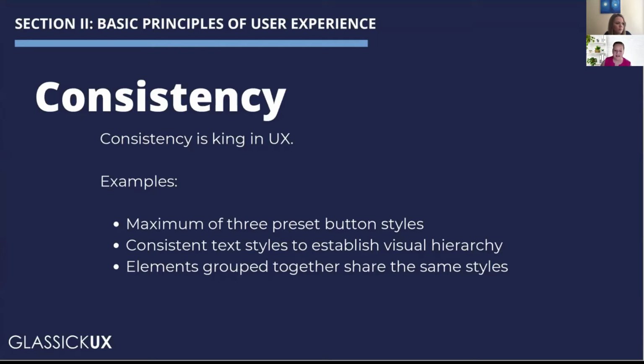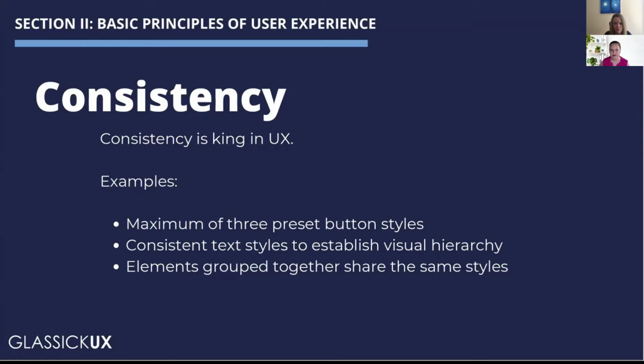Using consistent text styles to establish a visual hierarchy, making sure that you're consistent in your use of headers, the size of your headers, the size of your body text, the size of your captions. Things like that are going to become very important. And another example is elements that are grouped together should share the same styles.